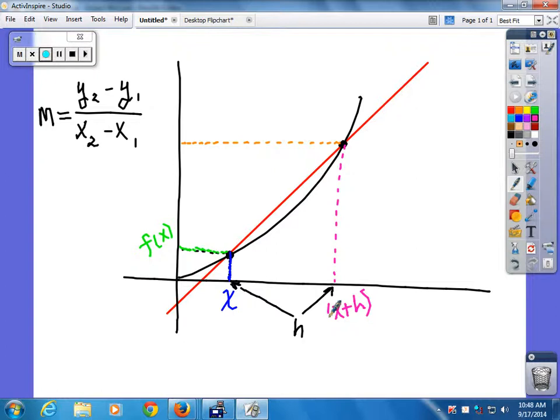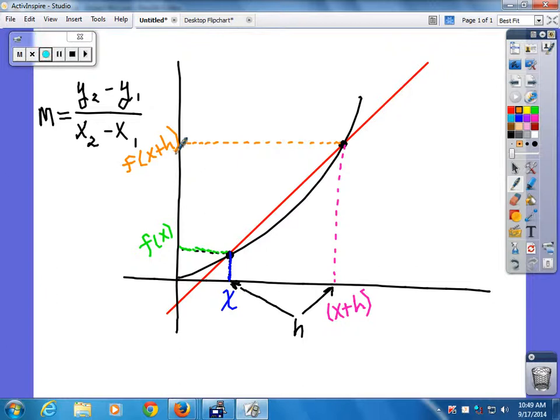H. And then what is the orange coordinate? X plus X plus H. Good job. I am proud of you. See, I'm good at math. You just suck at logistics. All right.